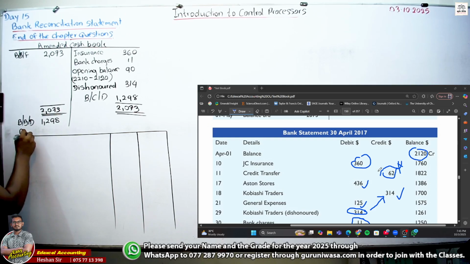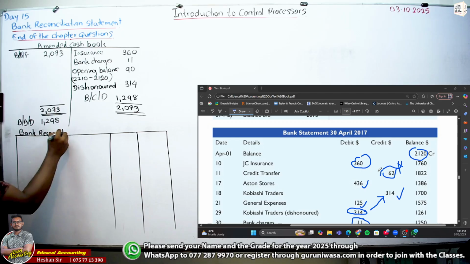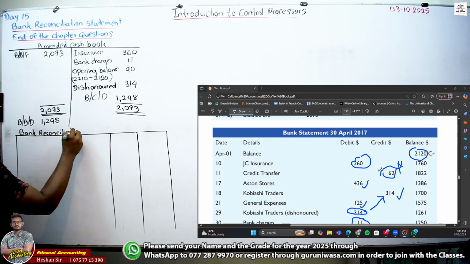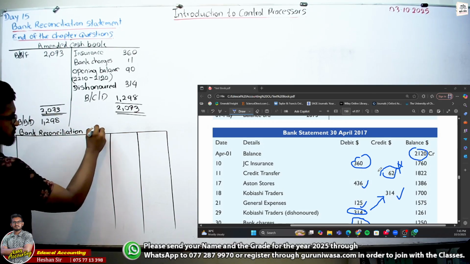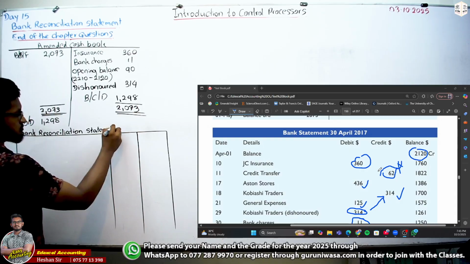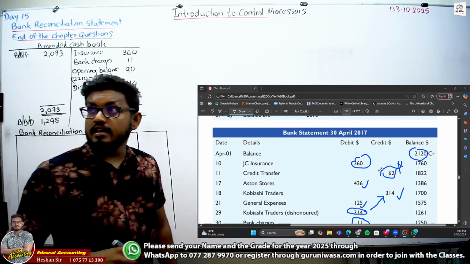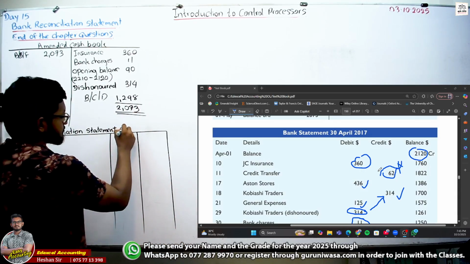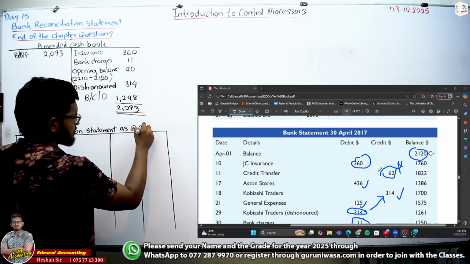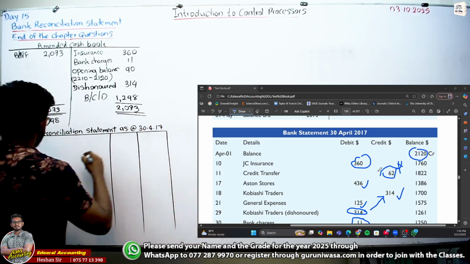Bank reconciliation statement as at 30th April 2006.